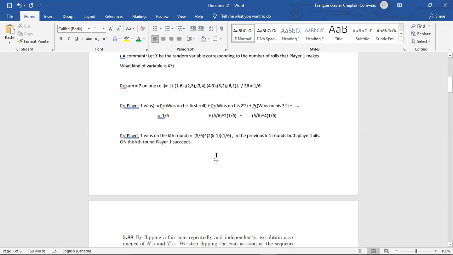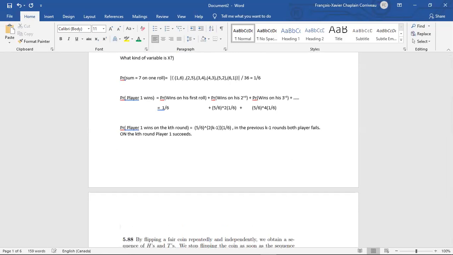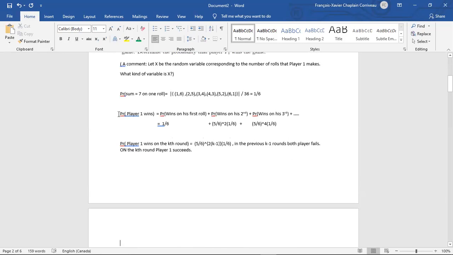All right. So now, what do we do? Well, this is essentially what we wrote at the beginning. The probability that player 1 wins is equal to the summation of these probabilities, right? Now I have as low as 1 round, so k is equal to 1.